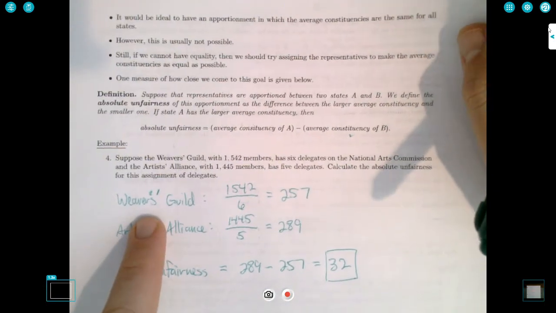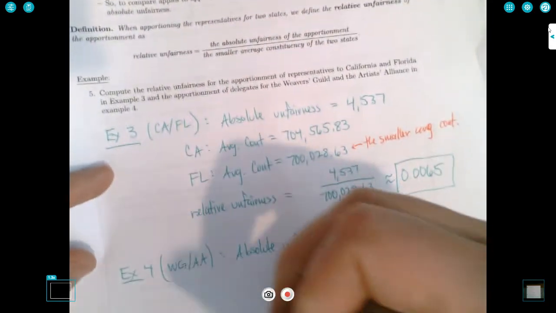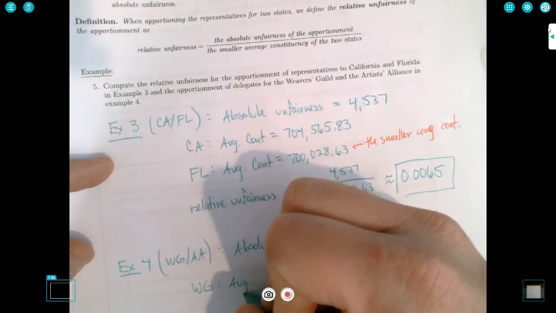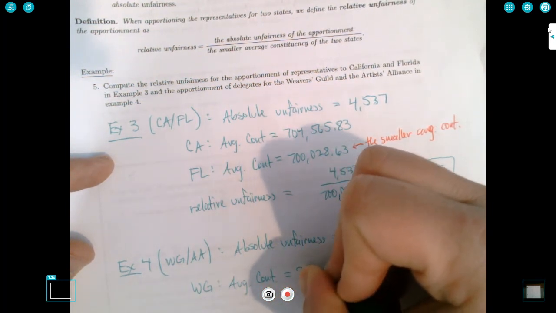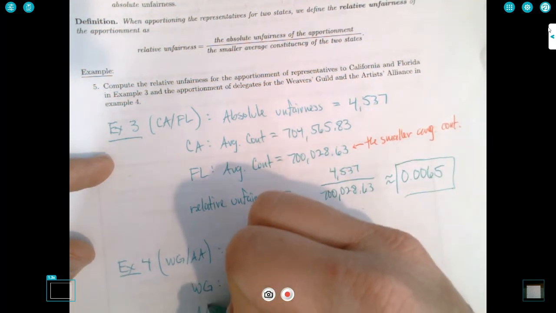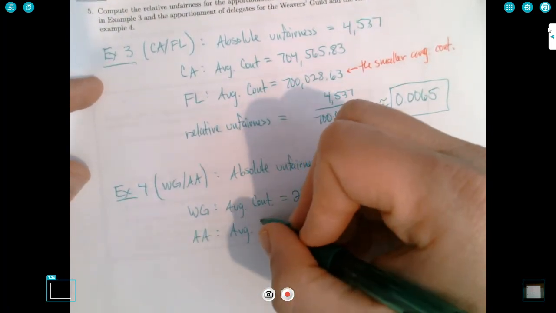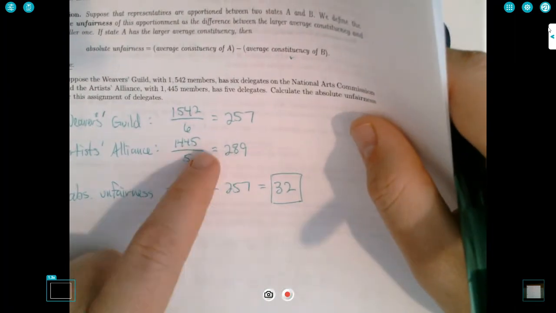For the Weavers Guild, the average constituency was 257, and for the Artists Alliance, the average constituency was 289.